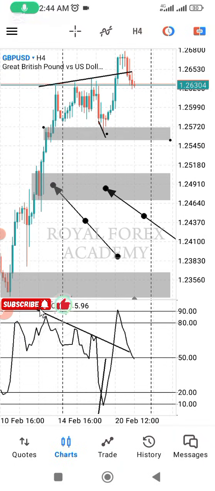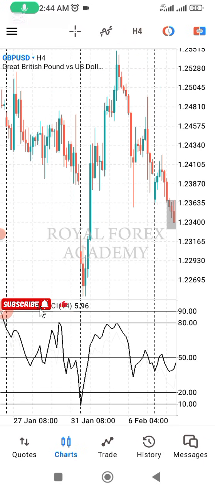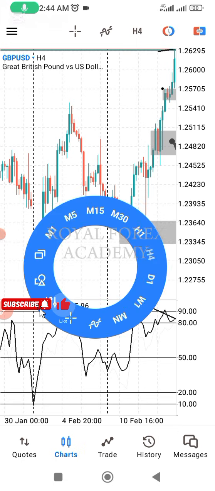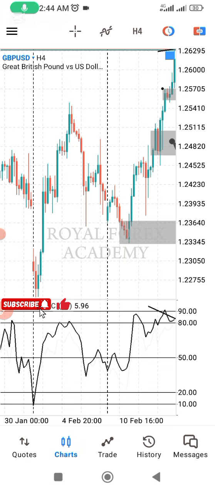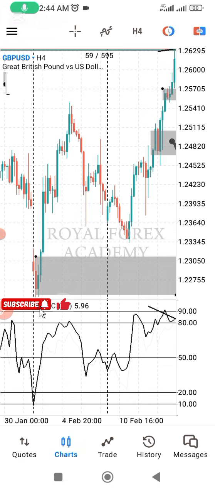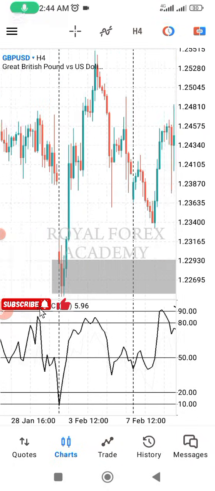Another thing I want to show you here, look at this. This particular move here, price begins this move from this zone. Okay?